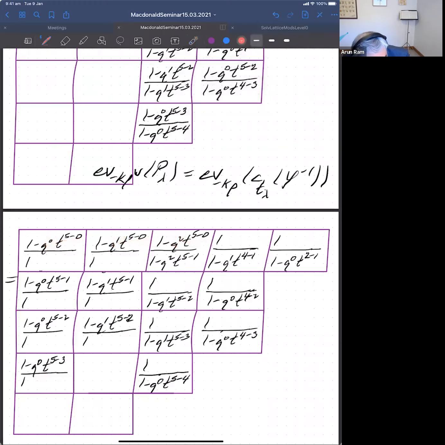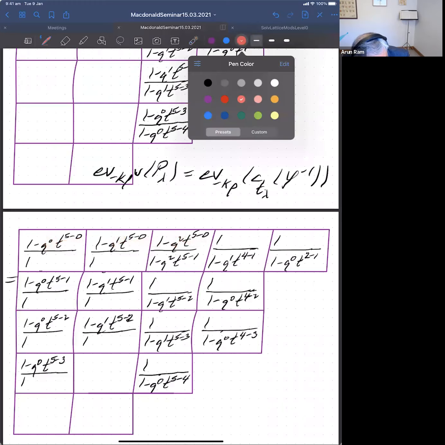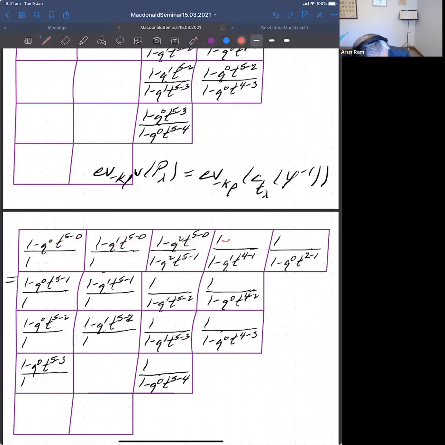So let's fill in (1 - q^3 t^(5-0)) and (1 - q^4 t^(5-0)). All right, so I put in some extra factors. Of course, I better also get rid of them. So I'll put here (1 - q^4 t^(4+1)).